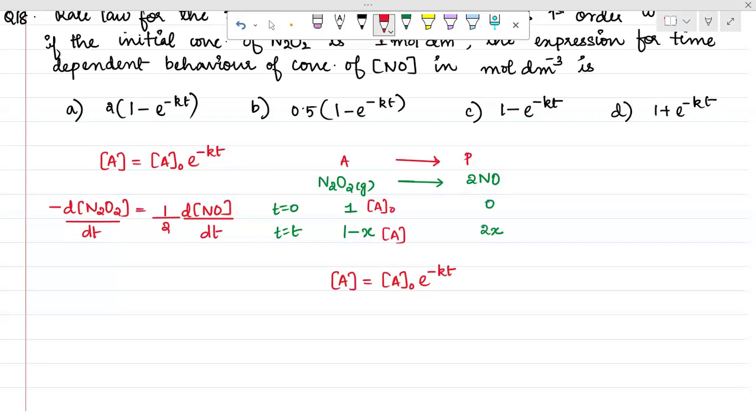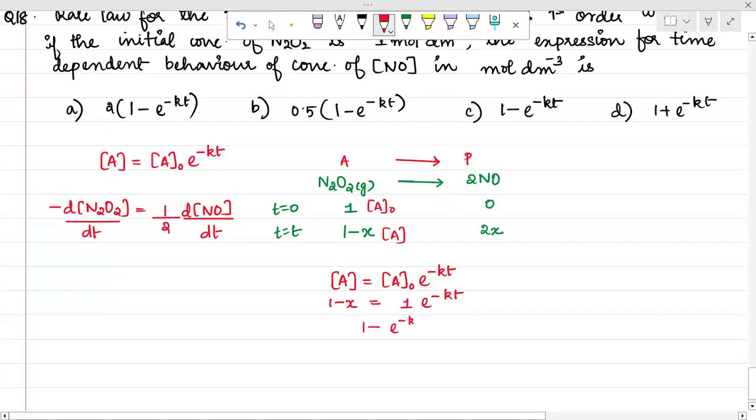So I can write the same thing as 1 minus X is equal to the initial concentration 1 times e to the power minus kt. Or if I rearrange, bringing e to the power minus kt to this side, 1 minus e to the power minus kt is equal to X.